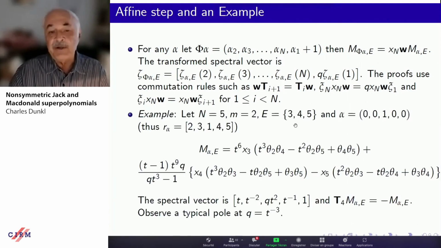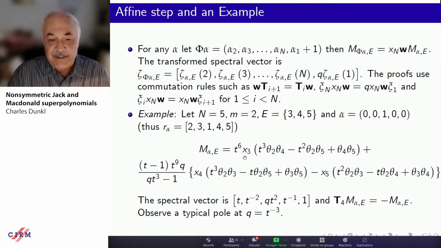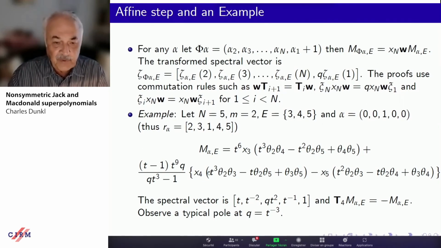Here's an example of what one of these polynomials looks like. I made it very simple because they get too big to put on a screen. So alpha is just one miserable little x. So here's x3, and here's x4 and x5. And this is the interesting part.